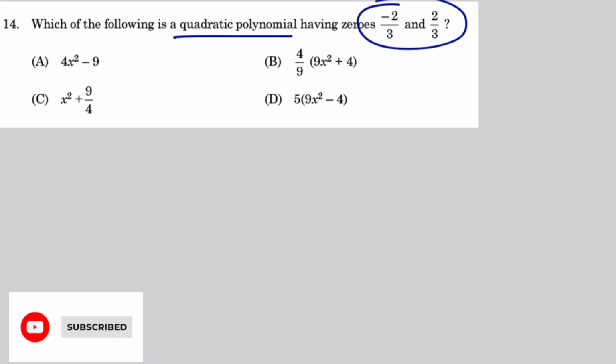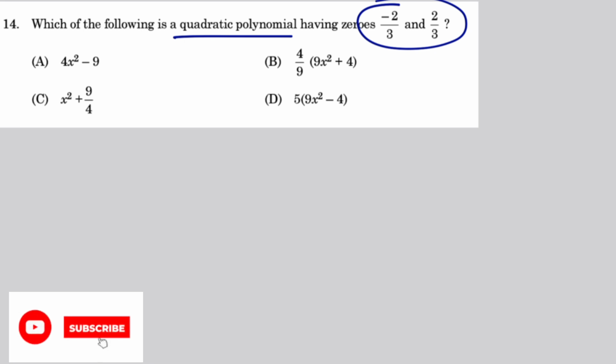What we will do here, you can see there is a 3 that is in the denominator only. So whenever I do the square, I should get 9 in the denominator. Just consider that if all the polynomials are equated with 0, then obviously we should get the values minus 2 by 3 and 2 by 3 as the values of x.